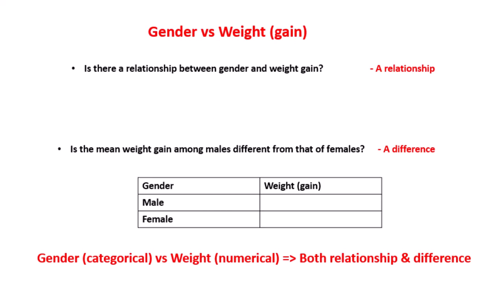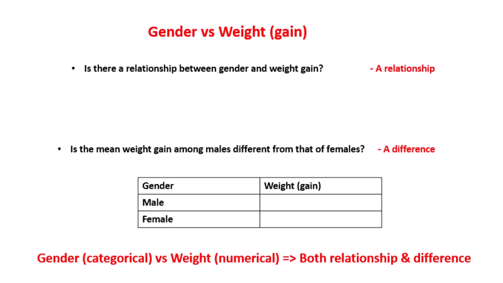So the same factor, gender, being looked at as being associated with weight gain, the question is presented in 2 different ways, and therefore that question qualifies to be both a difference and a relationship.